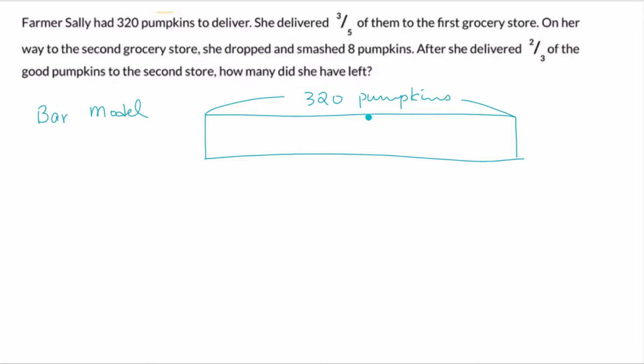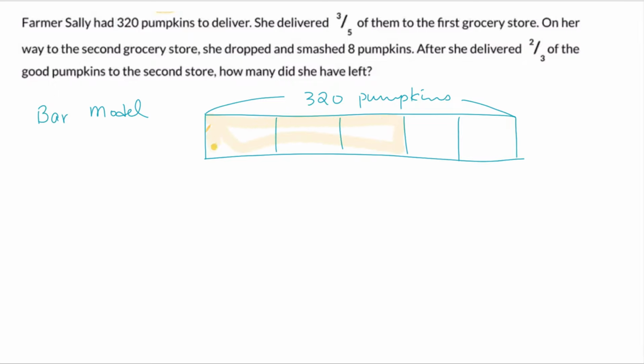She delivered 3/5 of them. So how many equal parts are we making? 5 equal parts. 3, 4, 5. Let's suppose these are all equal parts. And 3/5 of them. So let me change the color.